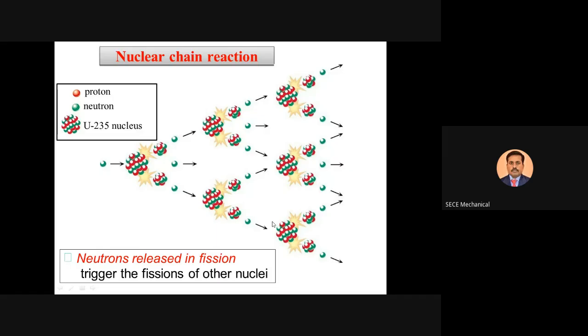A bombarding action will take place, and due to that the chain reaction will happen. Due to the impact, a high amount of heat energy is liberated. With the help of that heat energy, we can develop steam. That steam can be used in the turbine to generate the power. So this is what actually happens.